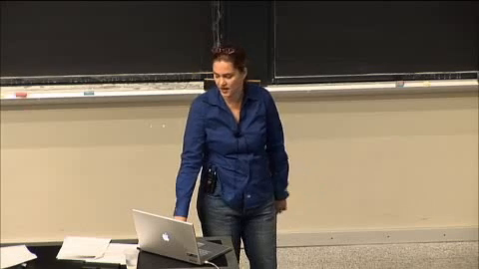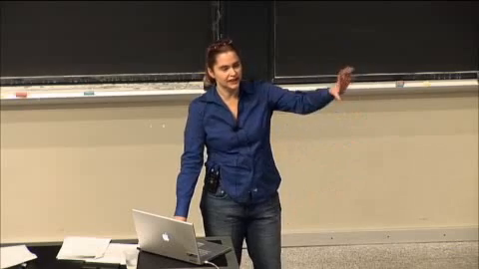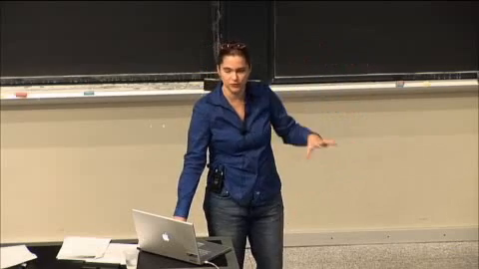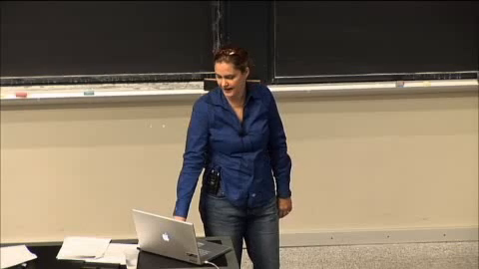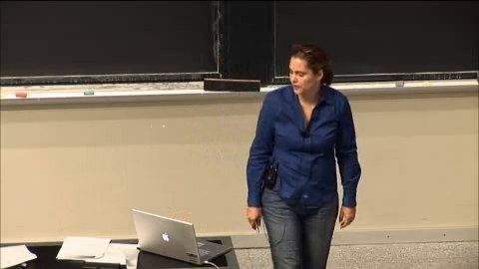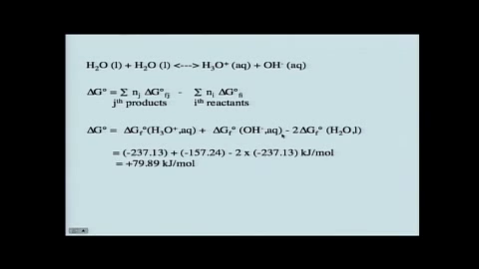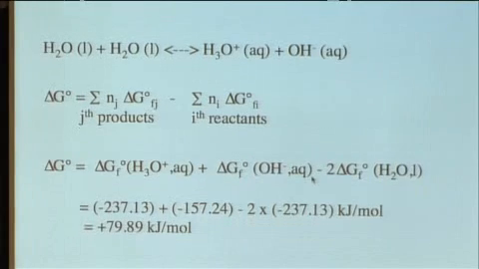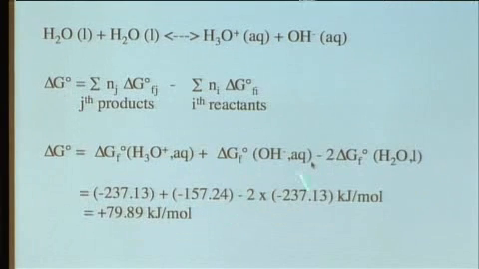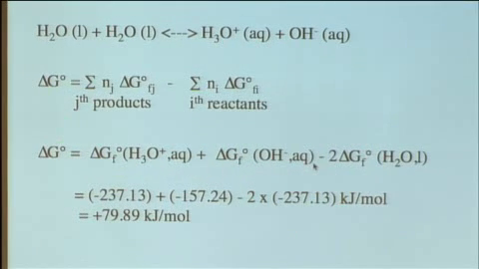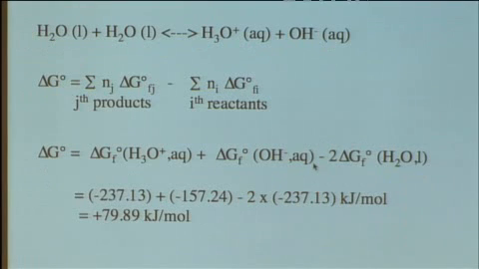So this is just a little review showing the relevance of material you've learned before to the material we're covering now. So we're going to pick one and just calculate the delta G. So we can look up these values of formation for our products and our reactants and plug them in, and we get a value for delta G naught of plus 79.89 kilojoules per mole.